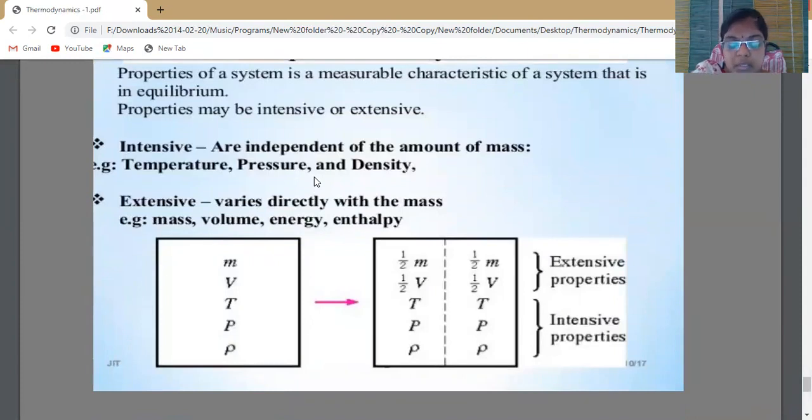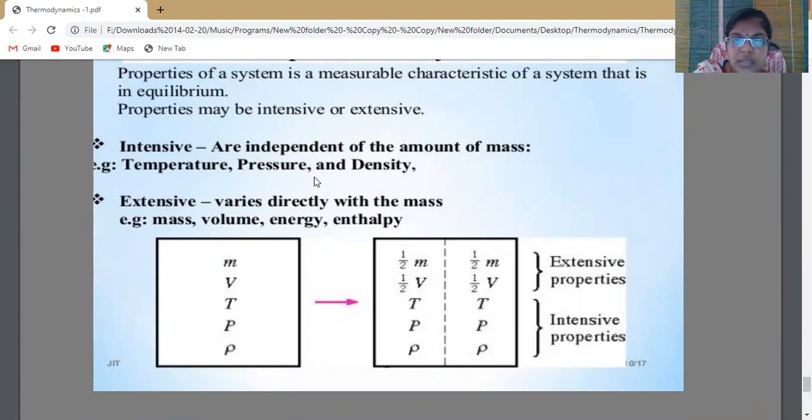I will give a best example. We can divide mass, and volume also we can divide, but temperature we cannot divide, pressure we cannot divide, density we cannot divide. I already told the example. In intensive properties, mass is divided, but temperature is not divided, pressure is not divided, density is not.